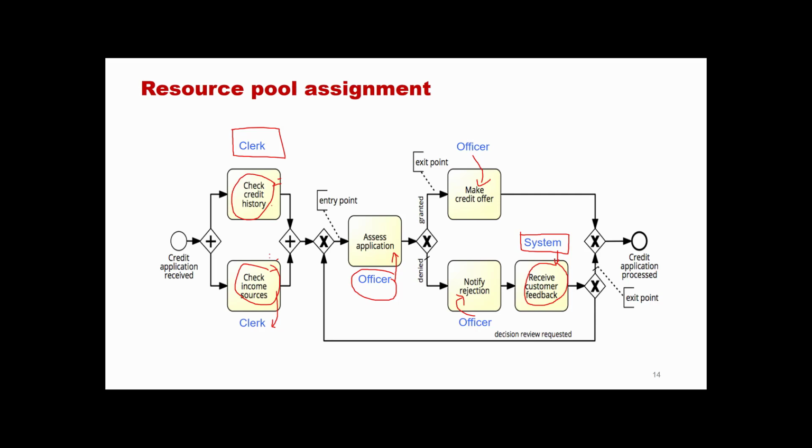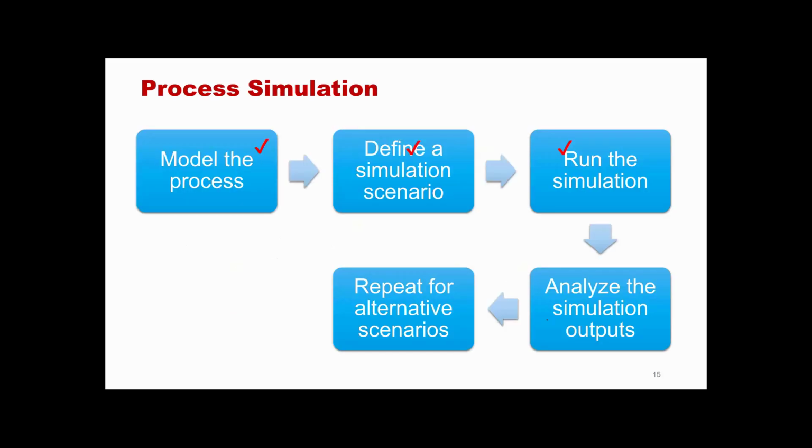So I put it there for completeness. This task, as we said before, takes no time, 0 minutes. Once I have specified these 5 pieces of information on top of a process model, I am ready to run a simulation.